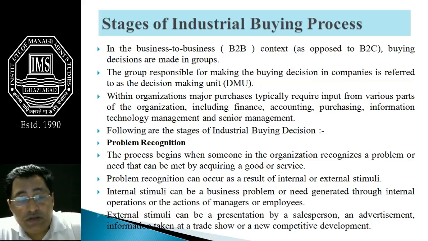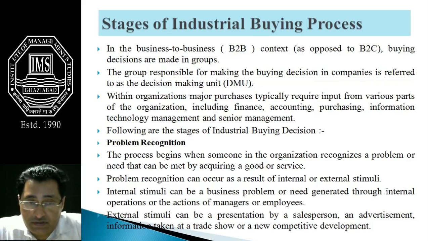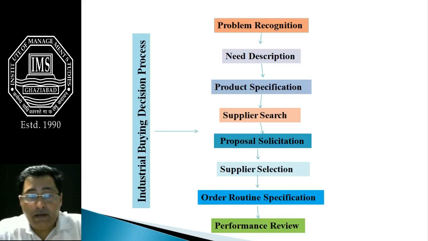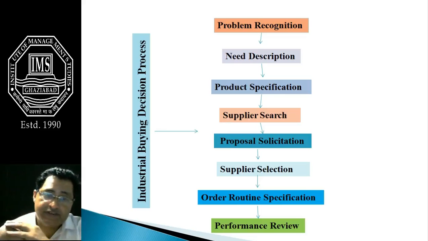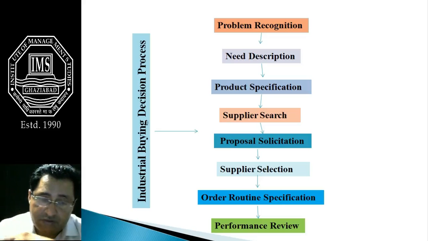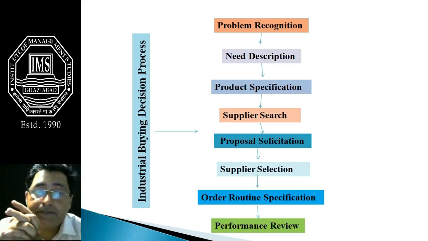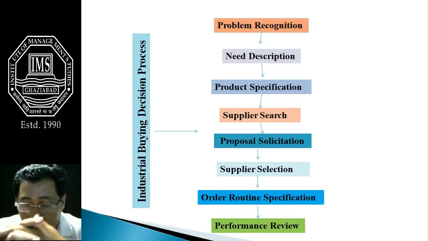So now we come to the next part, this process, the digital buying decision process. As you know, all processes, even when we talk about the consumer decision making process or the industrial buying decision process, start with problem recognition. What basically is the problem?